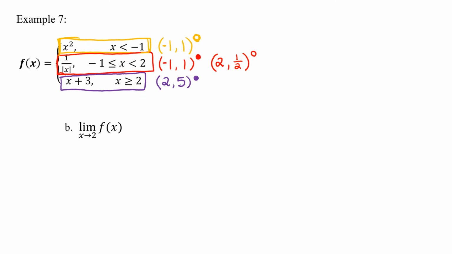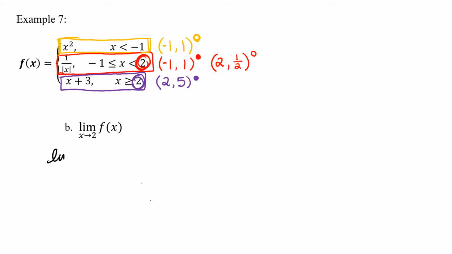Now, instead of looking at the limit as x approaches negative 1, we'll look at the limit as x approaches 2. This is again an x value where we're switching between two different pieces of our function. So we're switching between our 1 over the absolute value of x and our x plus 3. So that means we'll need to take a look at our left and right hand limits.